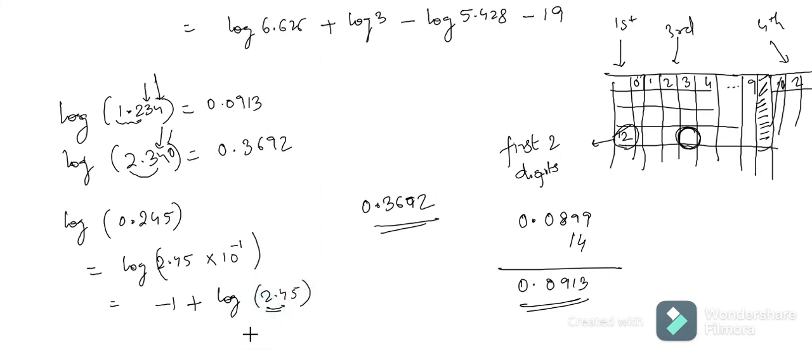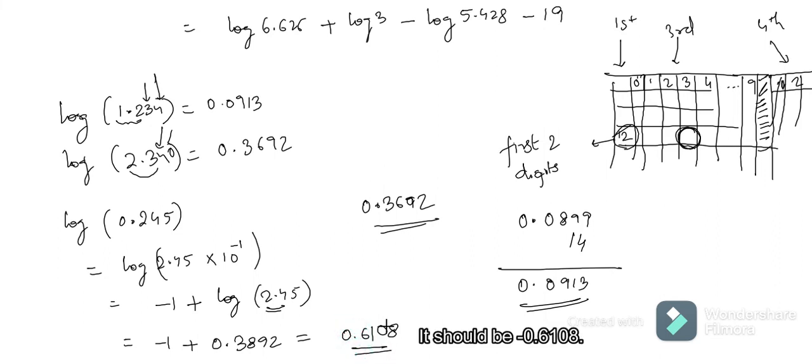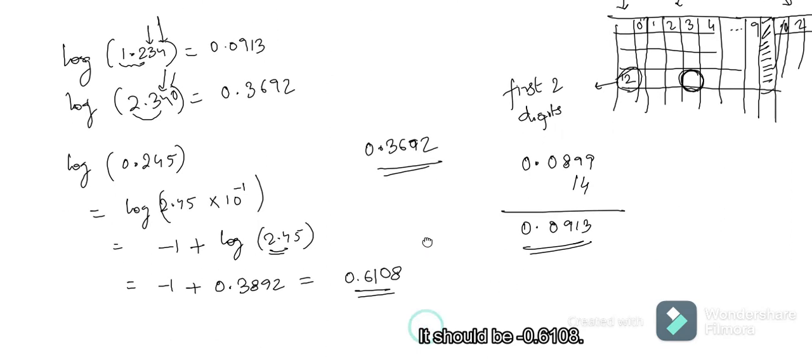Again the first two digits and the third digit. So the first two digits 24, and 24, 5 is 3892. So it is minus 1 plus 0.3892. So how much is it? Understood?